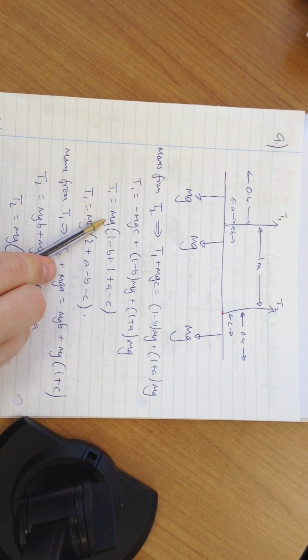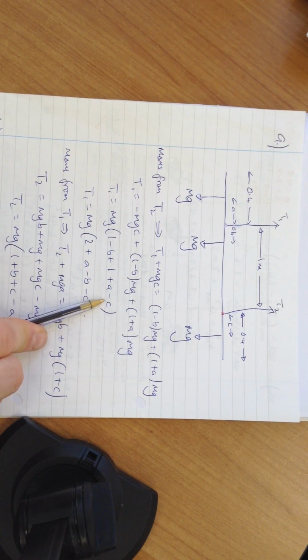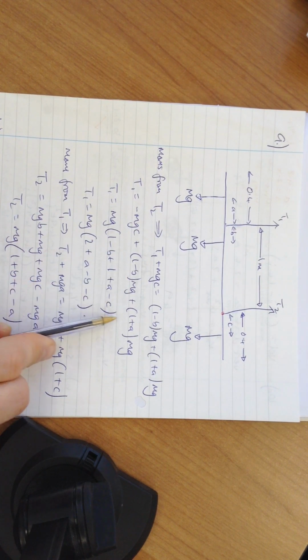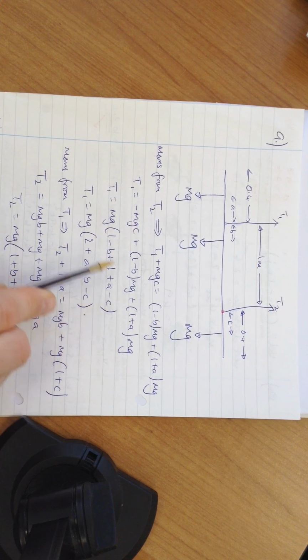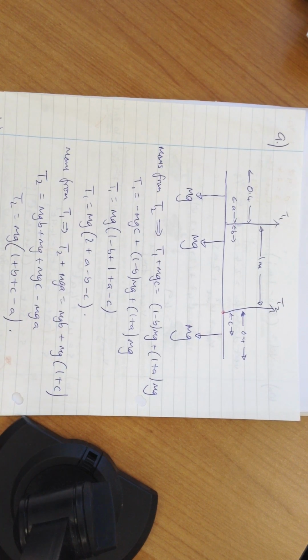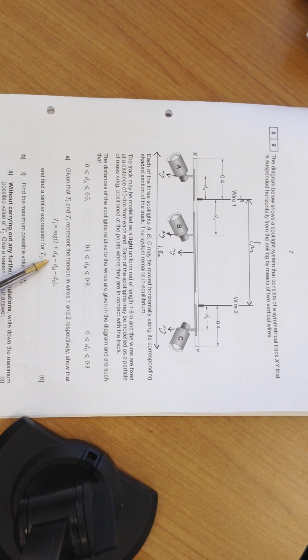So if I bring the mg outside, I've obviously got times by minus c for that one, times by 1 minus b for that one, times by 1 plus a for that one. If I tidy this bit up, 1 plus 1 is 2, then the plus a, then the minus b, then the minus c. And hey presto, that was the answer they wanted us to show on the exam question.